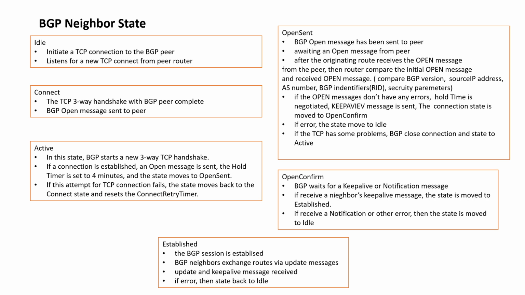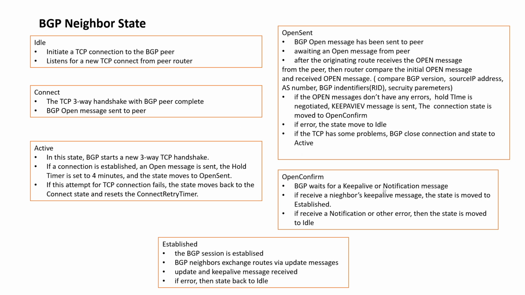If the open messages have no errors and pass the comparison, the hold timer is negotiated, a keepalive message is sent, and the state is moved to open confirm. If there is an error, the state moves to idle. If TCP has problems, BGP closes the connection and the state goes to active.